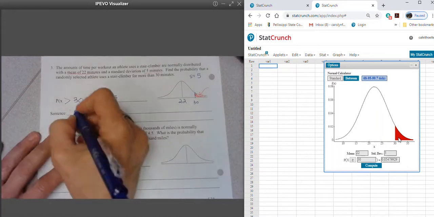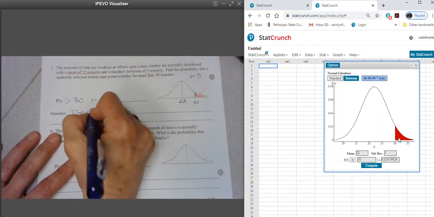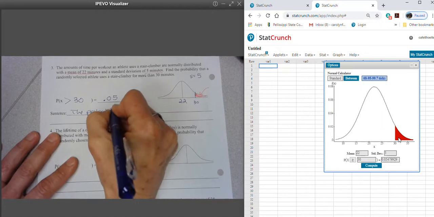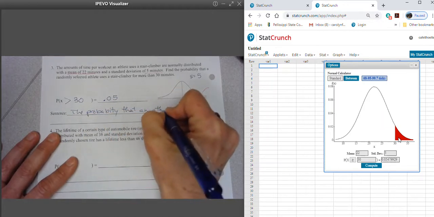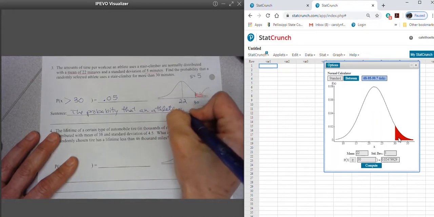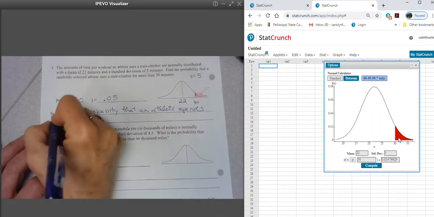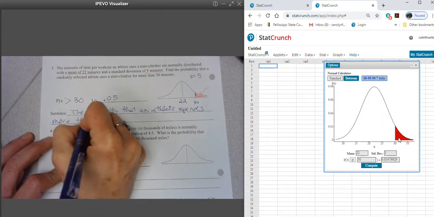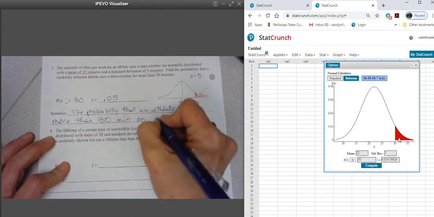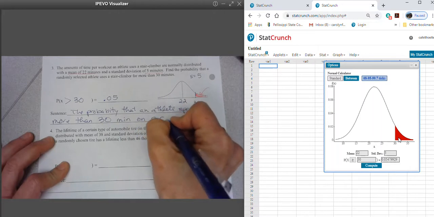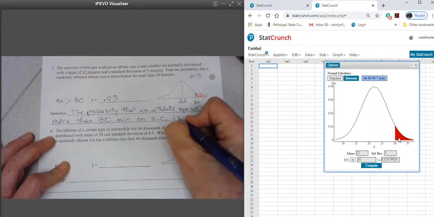I can write that out in words: the probability that an athlete spends more than 30 minutes on the stair climber is 5%.